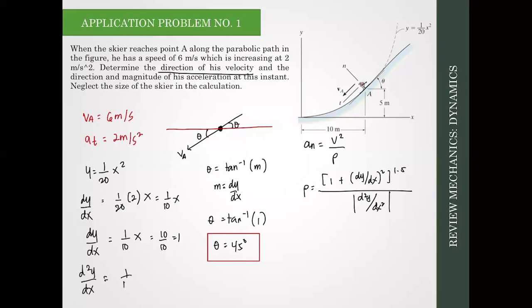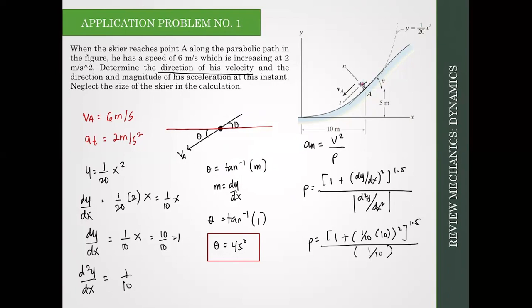That will be 1 over 10. So we just substitute: 1 plus dy over dx, which is 1 over 10 times x, and since it is the same point, x is 10, squared, to the 1.5, divided by 1 over 10.